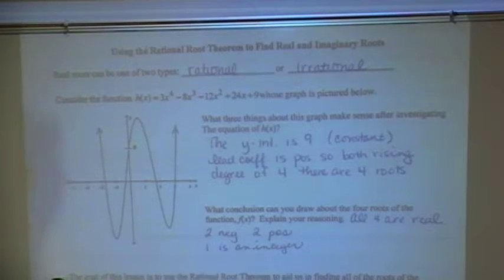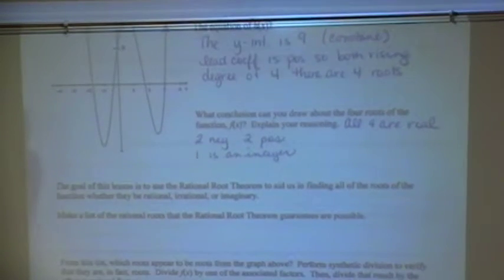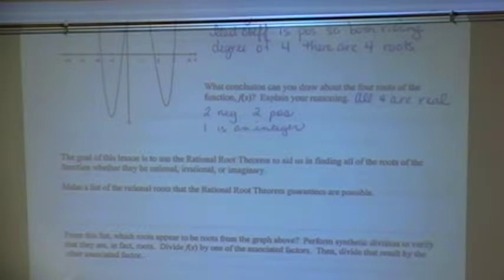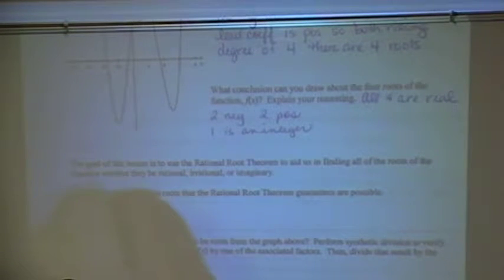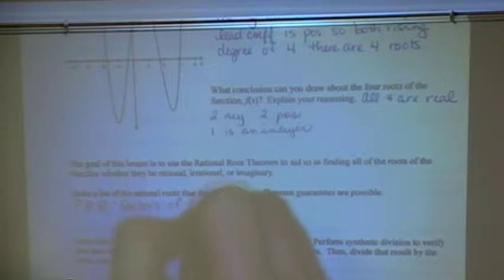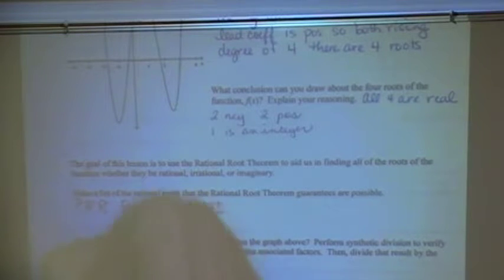Okay, so we are going to make a list, what we learned yesterday, of our possible rational roots. Remember that our PRR, possible rational roots, comes from factors of the constant over factors of the lead coefficient.